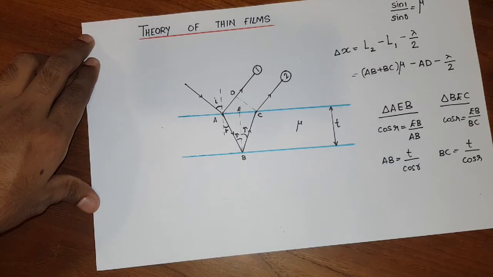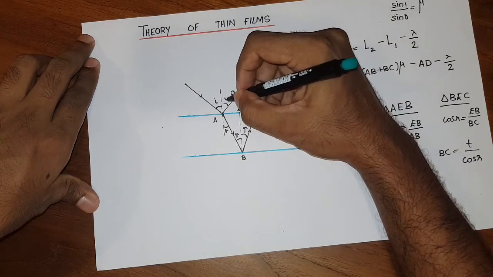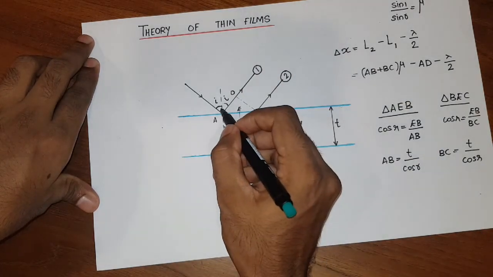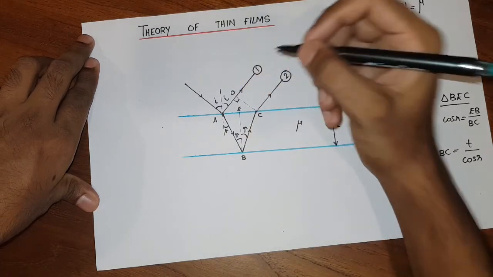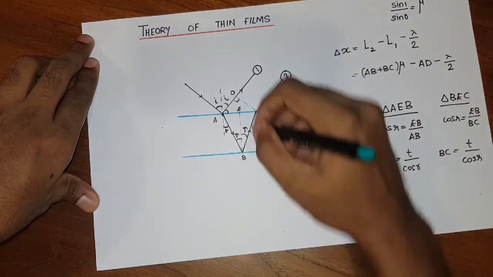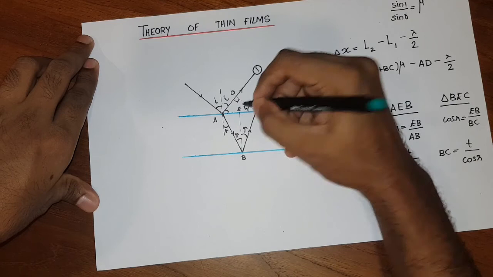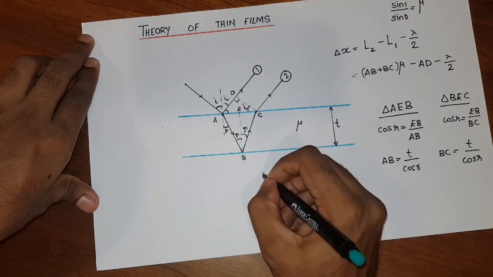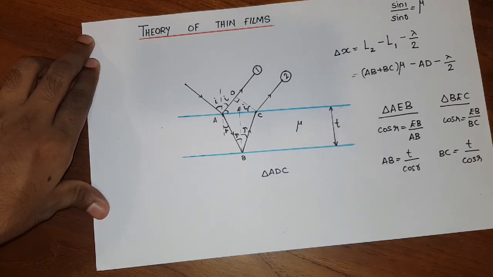And what about AD? If this angle is I, then this angle will be I, because again the angle of incidence is equal to the angle of reflection. Then this total angle is 90 degrees, and this is a perpendicular line which I have drawn, and this angle will be 90 minus I. So 90 minus I, this is 90, so this angle will be I. So if you consider this triangle ADC, from that what can you say?